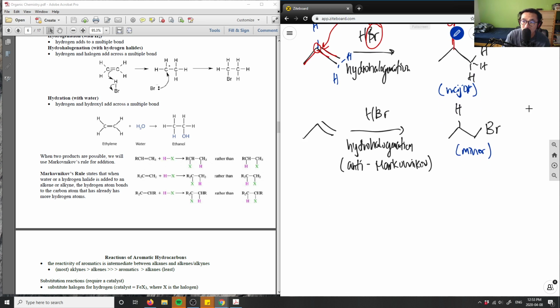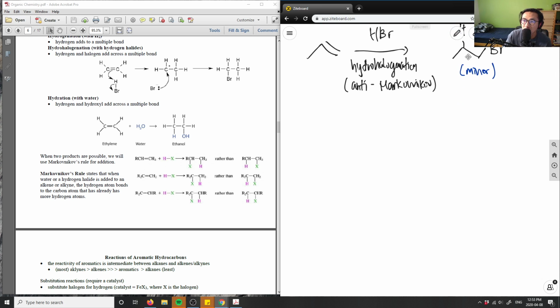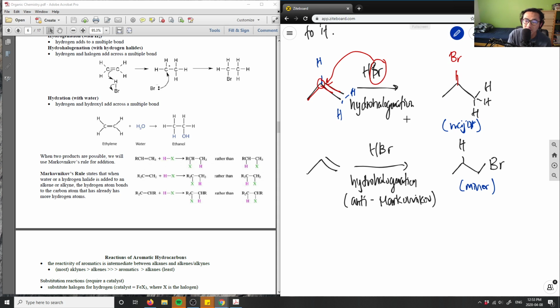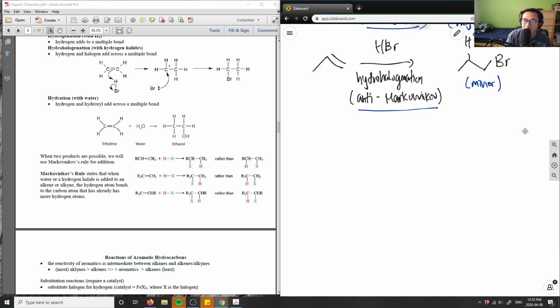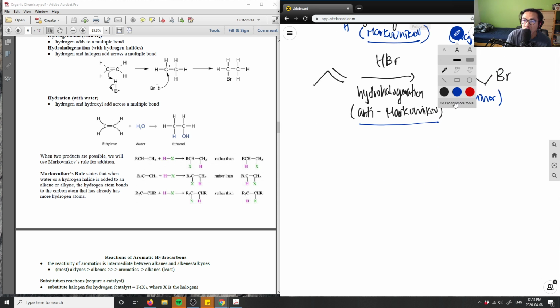This exact rule also applies for hydration, so let me do that as well. Let me highlight this in blue. This is Markovnikov here, and this is anti-Markovnikov, and we're still talking about hydrohalogenation, but this also works with hydration reactions.